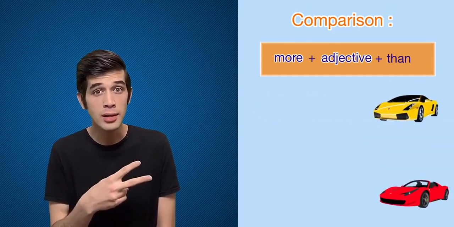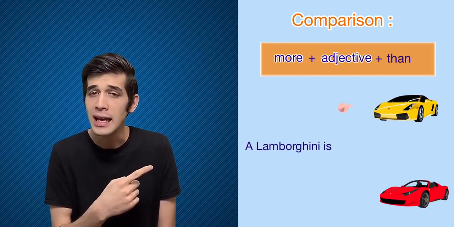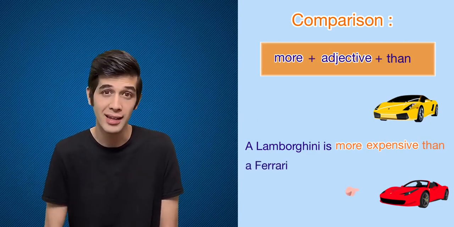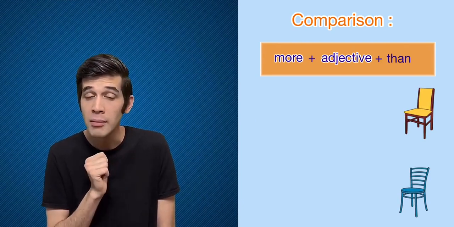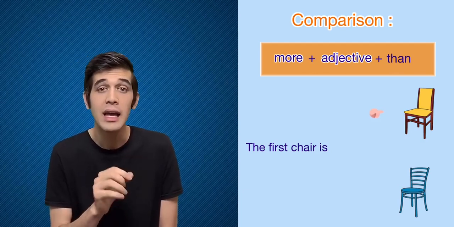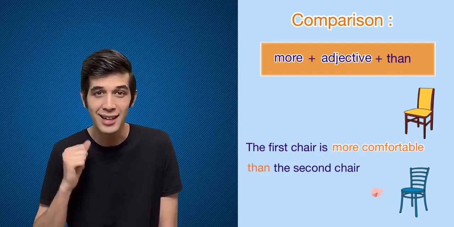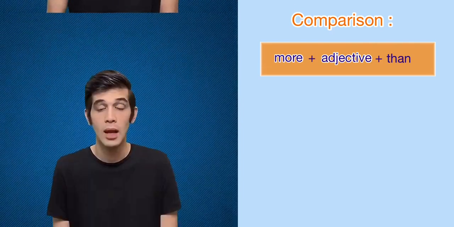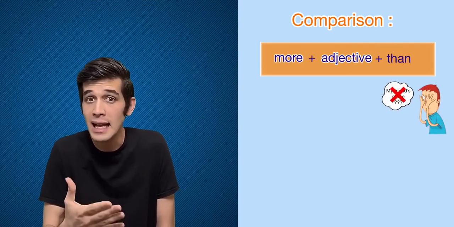Look at these two cars, a Lamborghini and a Ferrari. A Lamborghini is more expensive than a Ferrari. Look at these two chairs. Both of them are comfortable, but the first chair is more comfortable than the second chair. In the party, I didn't remember my friend's name.